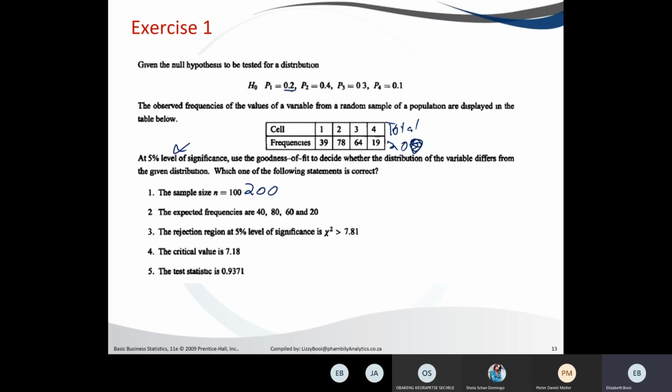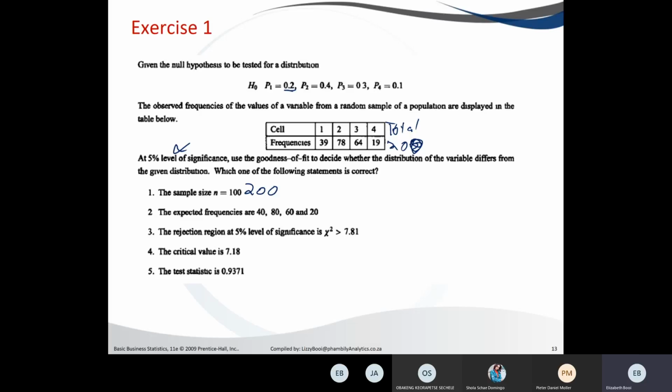And 0.4 multiplied by 200 will give us 80, and so forth. 0.3 multiplied by 200 gives us 60. And 0.1 multiplied by 200 will give us 20.